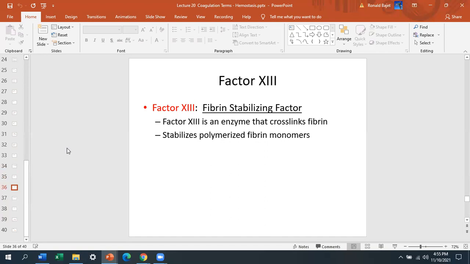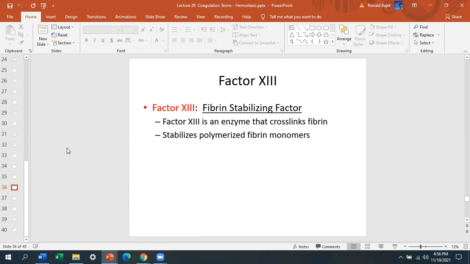Factor 13 is an important factor, especially, for example, in women who just delivered and their umbilicus is in the healing process. After delivery, the umbilicus will be detached and the healing process takes place.